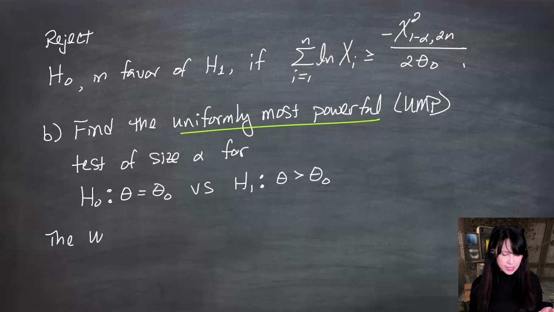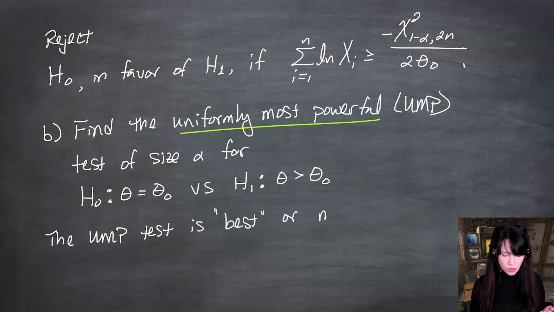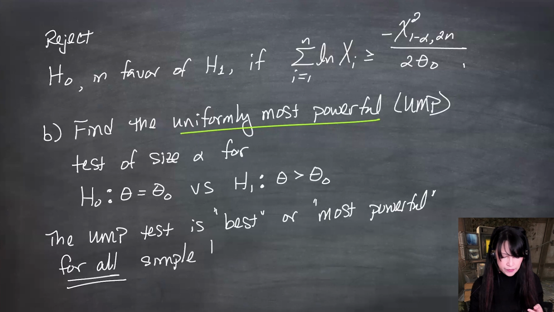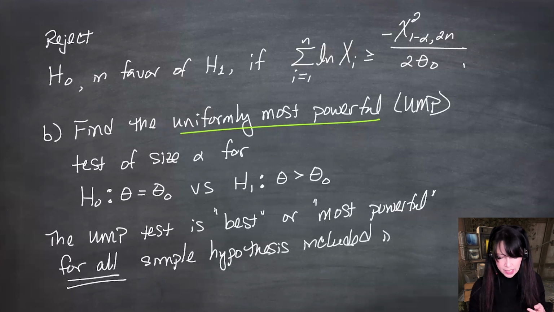The UMP test, uniformly most powerful test, is best or most powerful for all or for every simple hypothesis included in the alternate hypothesis, which has a bunch of hypotheses. Theta is greater than theta naught means theta could be a whole lot of things.